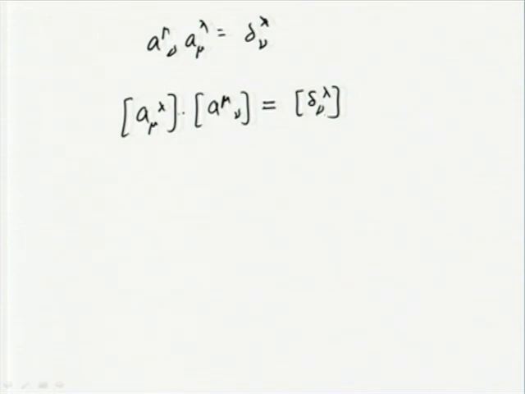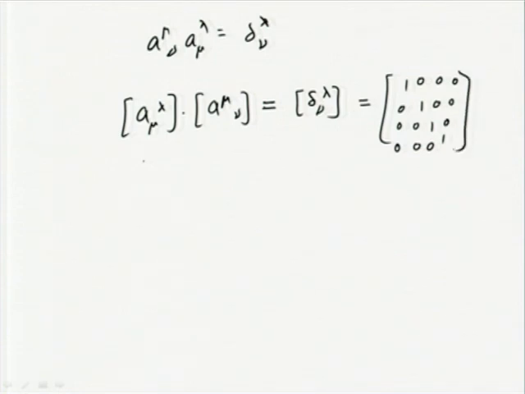This gives you the μλ component of the matrix A. So these two are inverses of each other, because this delta matrix, if I write it as a matrix, is basically a unit matrix of dimension 4 by 4.